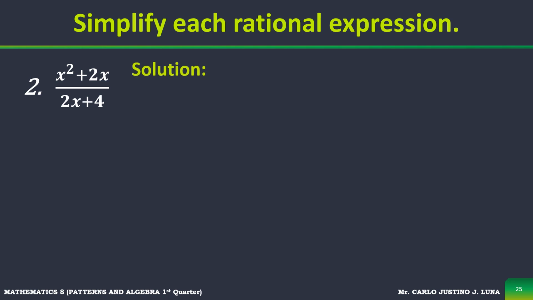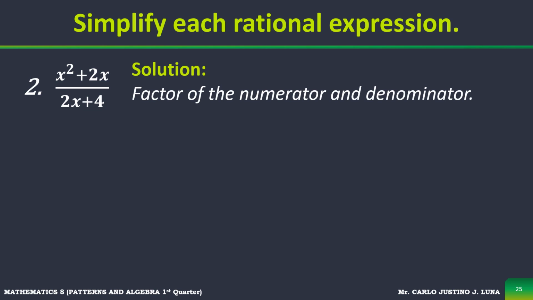So, again, the first step is factor the numerator and the denominator. So how can we factor the numerator? X squared plus 2x. What factoring technique are we going to apply? Okay, very good. We can factor the CMF, common monomial factor, because they have common factor.